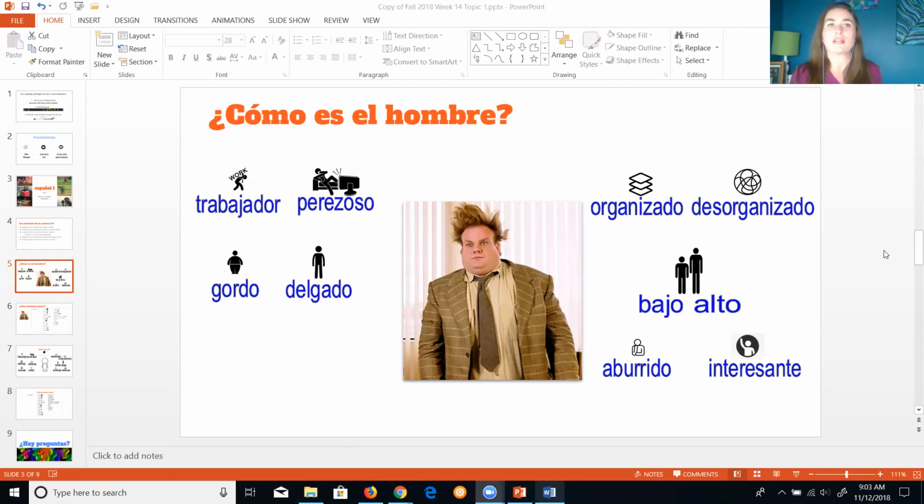So, ¿es el hombre trabajador? ¿O es el hombre perezoso? ¿Es gordo? ¿Es delgado? ¿Es organizado? ¿Es desorganizado? ¿Es bajo? ¿Es alto? ¿Es aburrido? ¿Es interesante? ¿Cómo es el hombre? Escriben en el chat. ¿Cómo es el hombre?